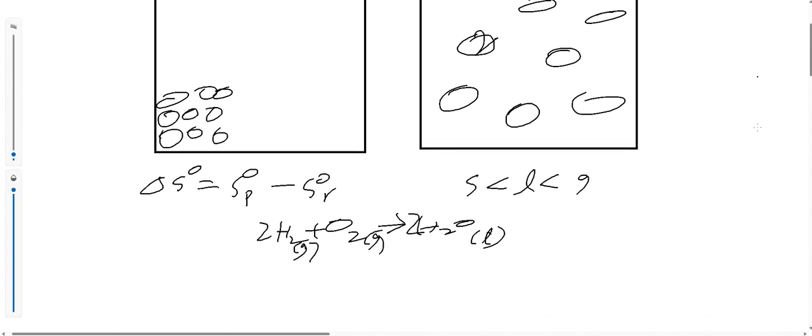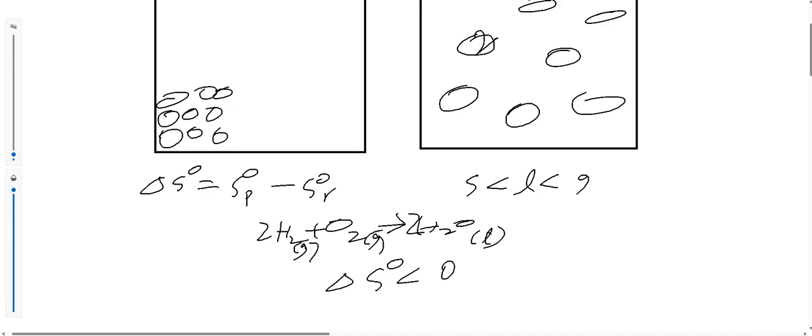Gases always have higher entropy than liquids, and usually higher amounts of gas will mean more entropy. So delta S naught in this case would be negative, which means that from an entropic standpoint, this reaction is non-favorable.